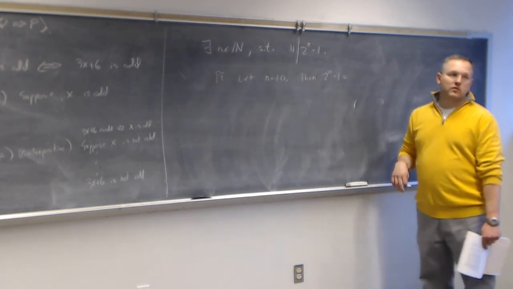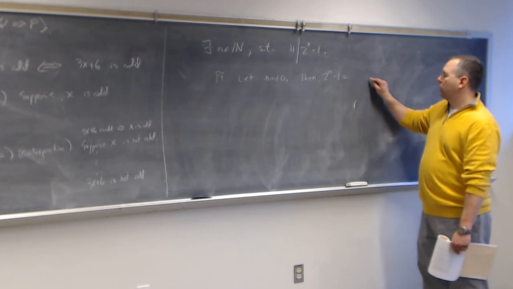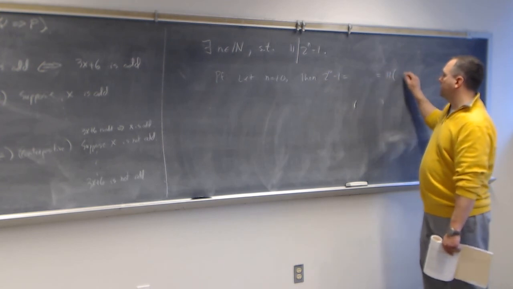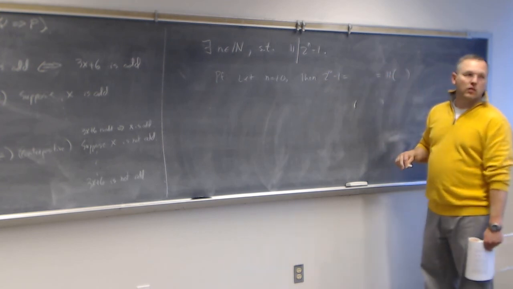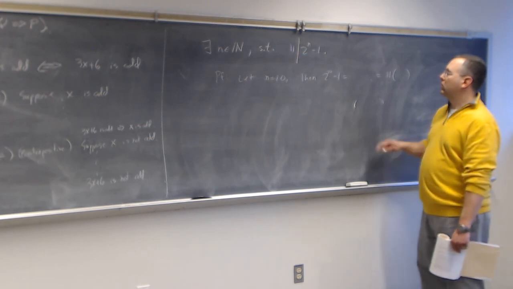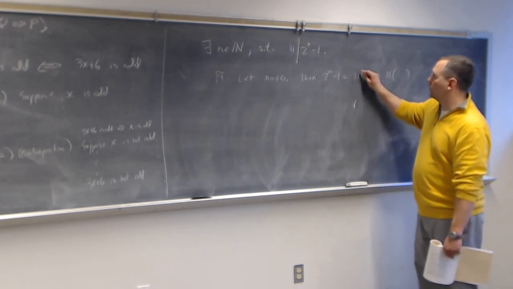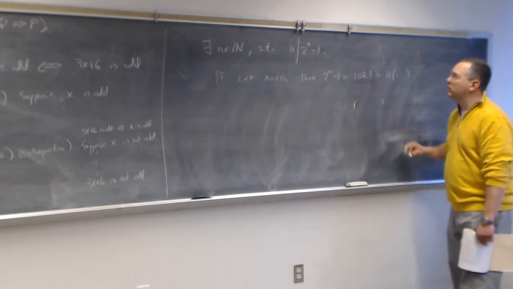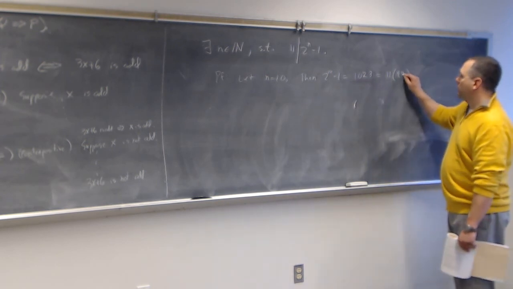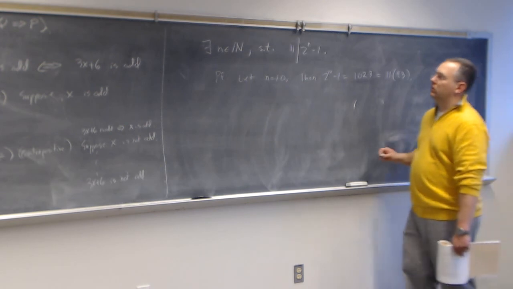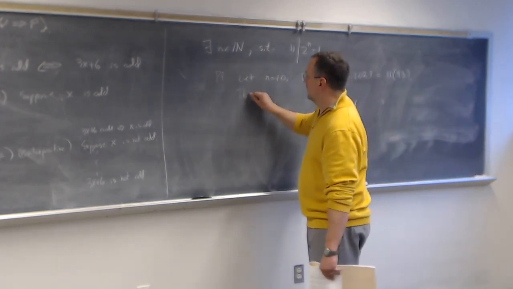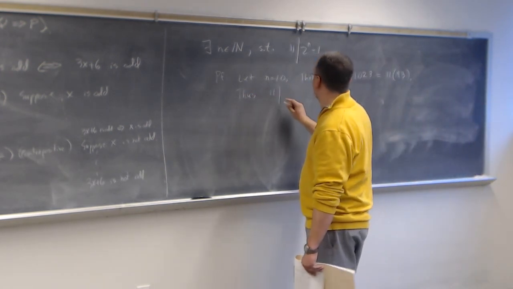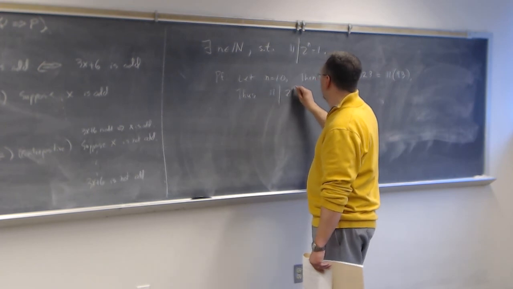I don't remember what it was. But you have to show it equals 11 times some other number. So this is 1,023? Does that equal 11 times something? Okay. Thus, 11 divides 2^10 minus 1.